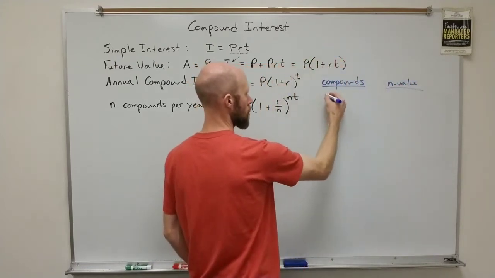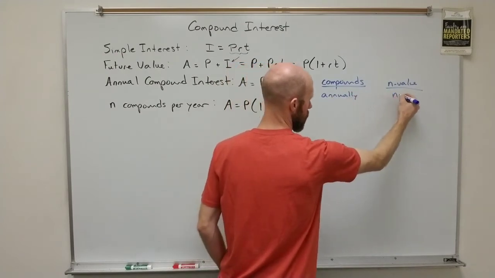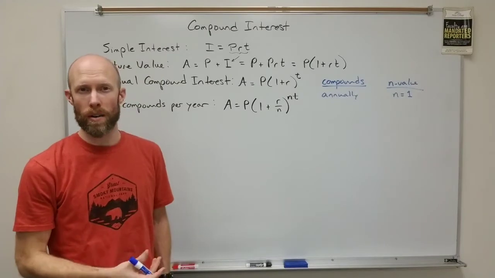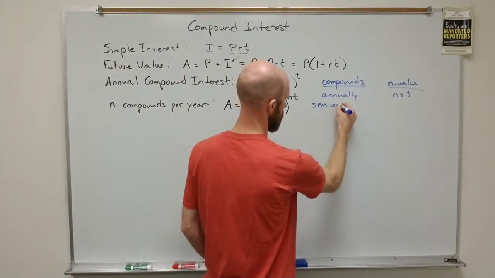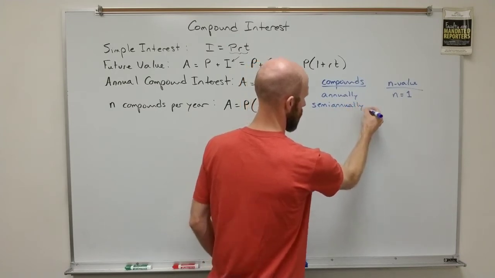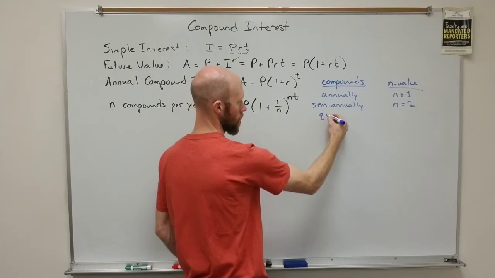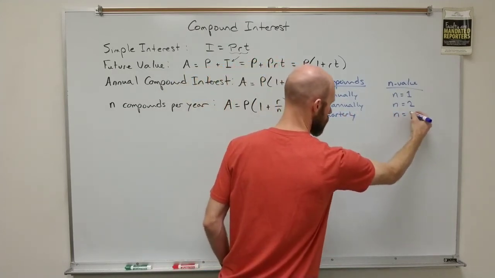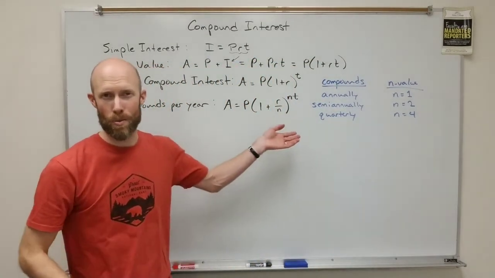So if it compounds annually, well, that's one time, right? N is one time per year. If it's semi-annually, then the n value is 2. You could do quarterly. And of course, these aren't all of the possible n values, right? I skipped 3.